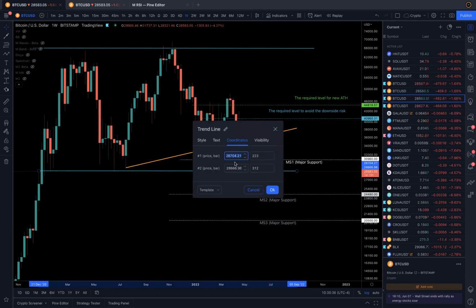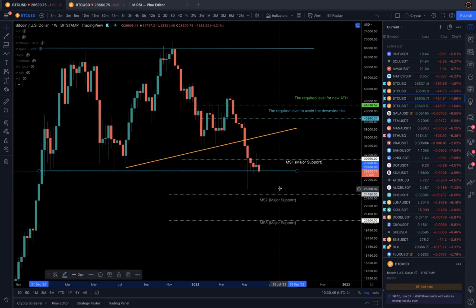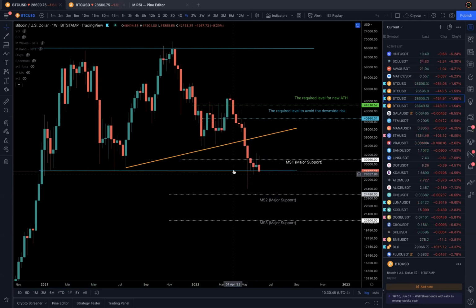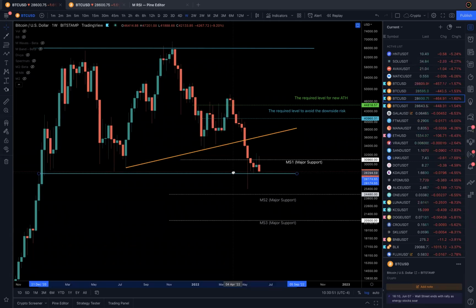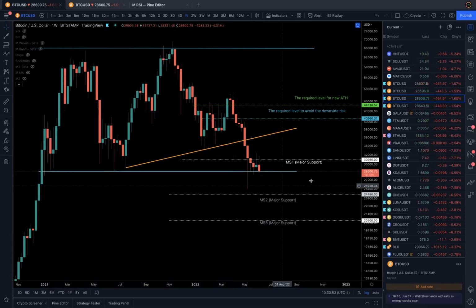Let me make sure it's a straight line. It's tilted. Right, so right now it's at June 21st, last year's low level.